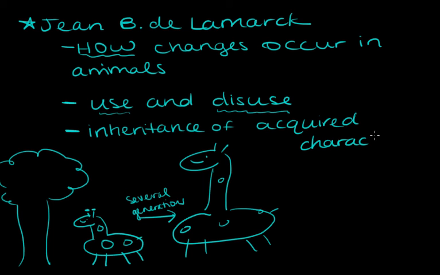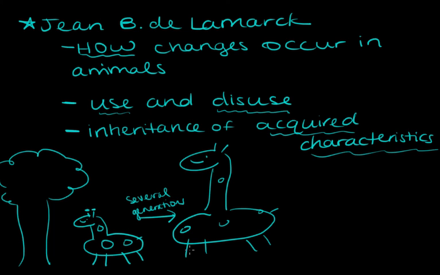In our giraffe example, this guy stretched his neck a little bit, then that influenced his children, which were born with slightly longer necks, and then they stretched their necks more, and we ended up with a long-necked giraffe.